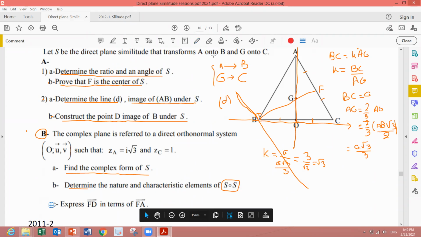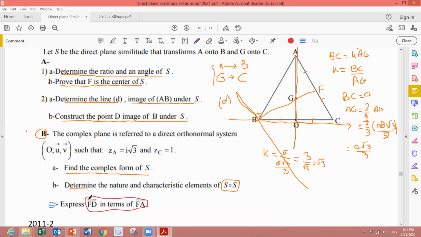Express FD in terms of FA. The vector FD in terms of the vector FA. Here you are going to use which part?